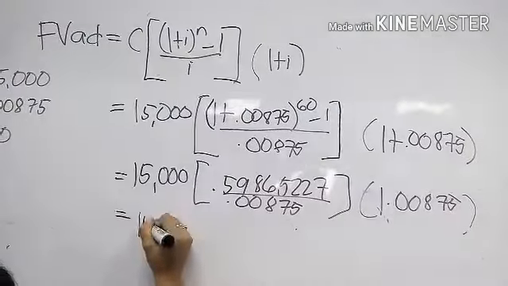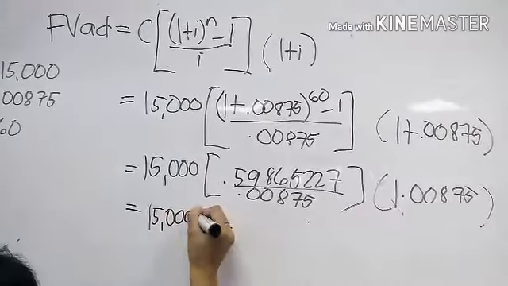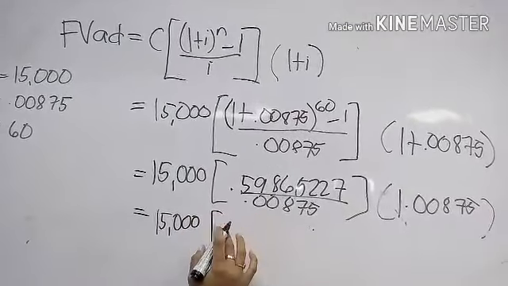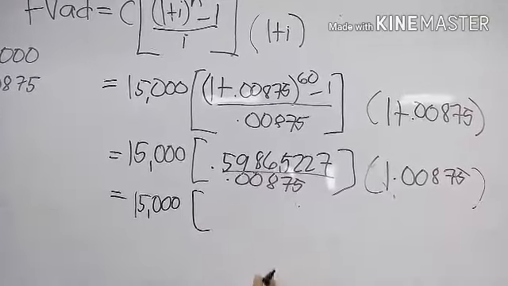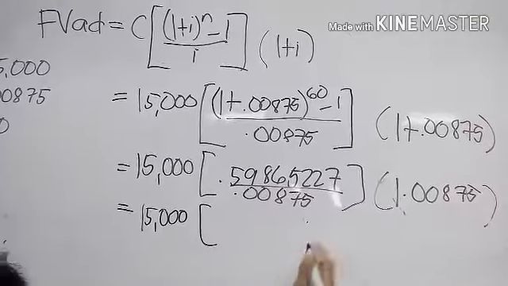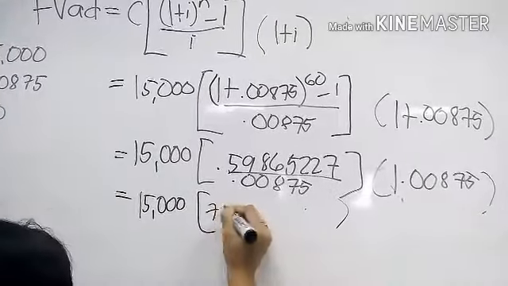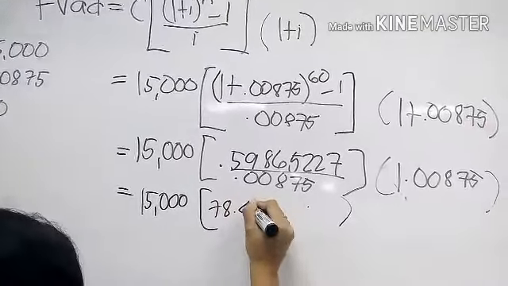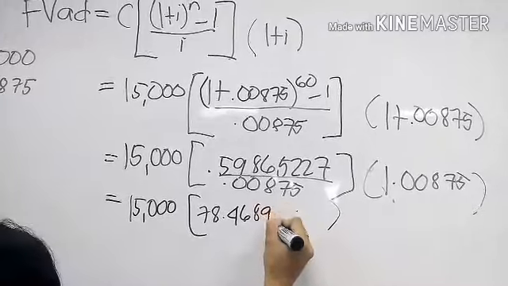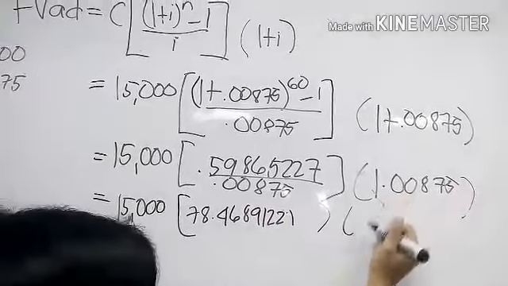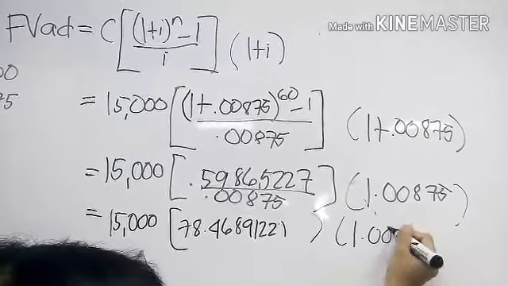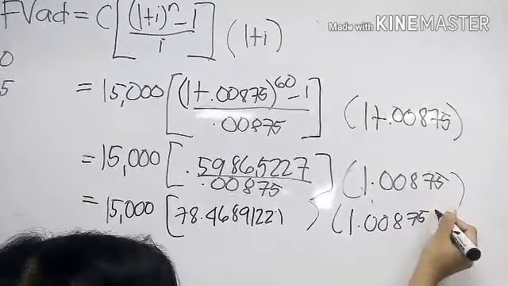Copy again the 15,000. Then if you divide 0.59865227 by 0.00875, the result is 78.46891221. Then copy the 1.00875.